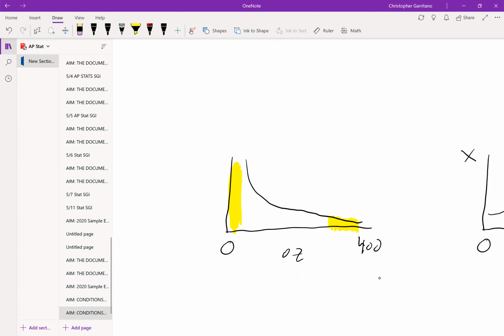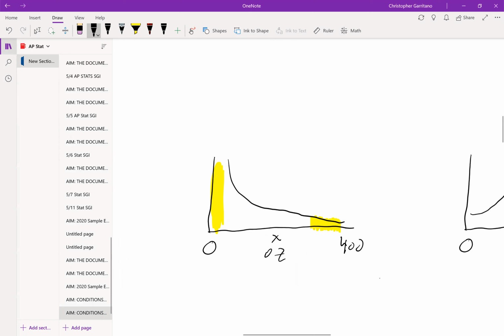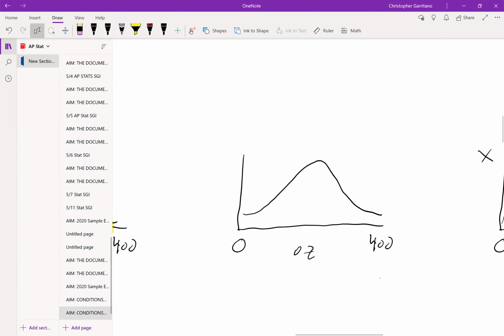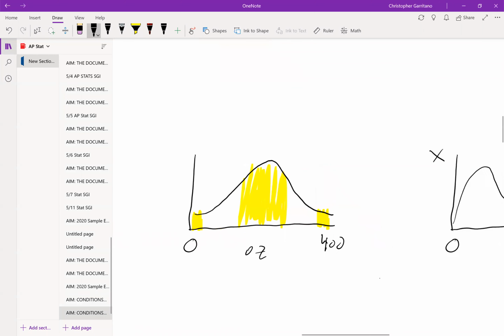Again, this should not be X. Or maybe there's a normal or symmetric distribution of people that eat Couch Potato Brand snack food. Few eat very little, few eat a lot, but a lot of people eat a decent amount, a middle amount.